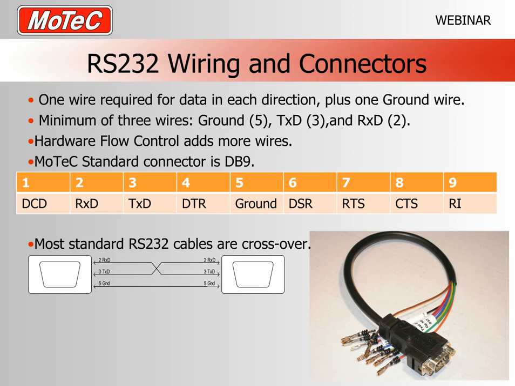So that's why you can see there's a little crossover cable, and that means that the pin 3 on the left hand connector goes to pin 2 on the right hand connector, and vice versa. Pin 2, the receive data on the left hand connector, is fed from pin 3 transmit data on the right hand connector. Now virtually every RS232 cable on the planet is wired this way, so if you buy them from a normal electronic store, you'll find that that's the way they are.